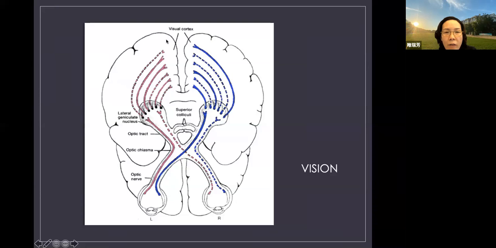If something is wrong along this neuron transport way, we can also have impaired vision, and our VEP helps us to diagnose this disorder.